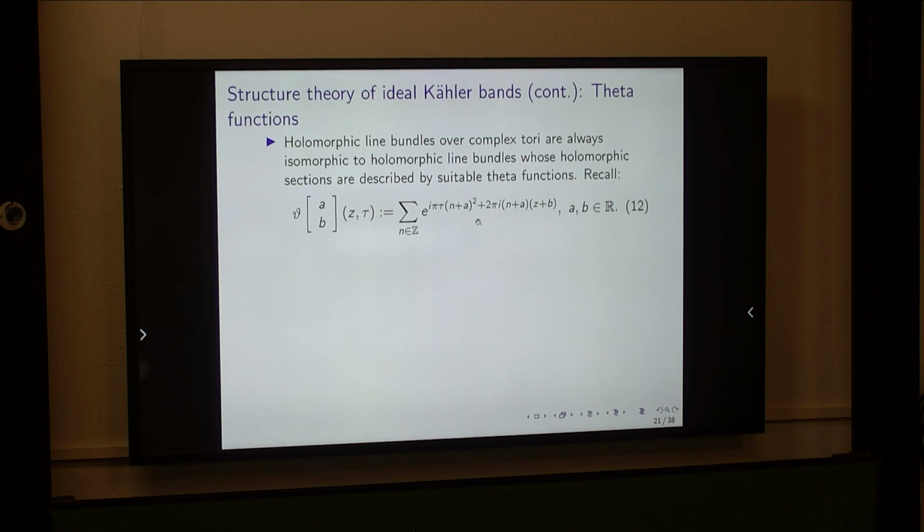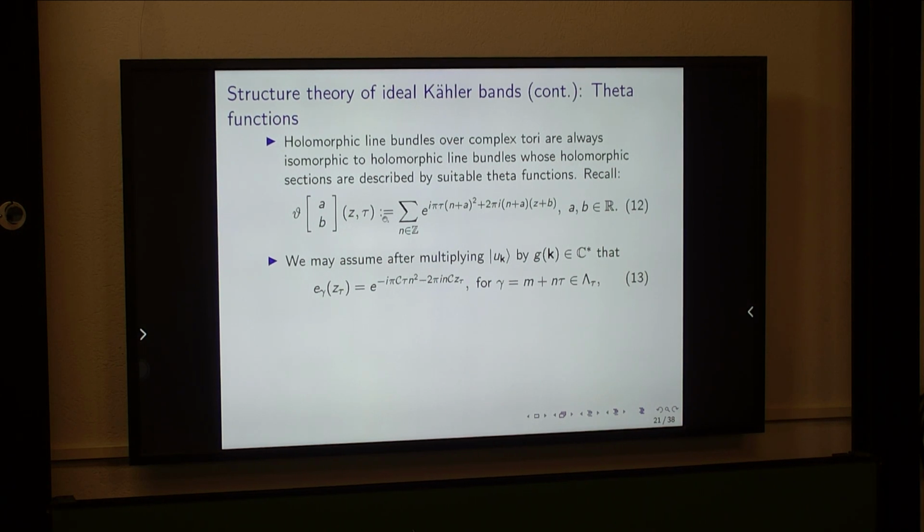The parameter tau appears here, and since tau has positive imaginary part, this is a damping Gaussian. We may assume that after multiplying, remember that we had an equivalence degree of freedom which would produce isomorphic line bundles, I can multiply by g sub k and assume that the multipliers take this beautiful canonical form, in such a way that I will recover precisely these theta functions.